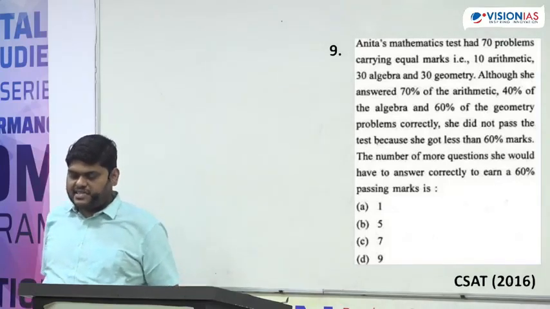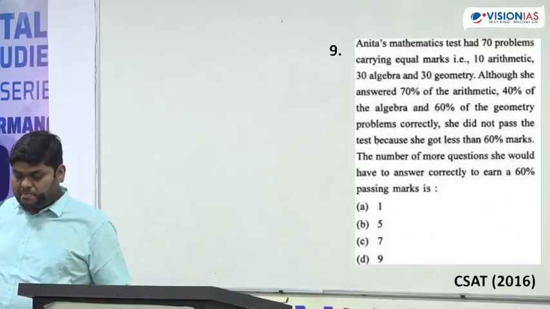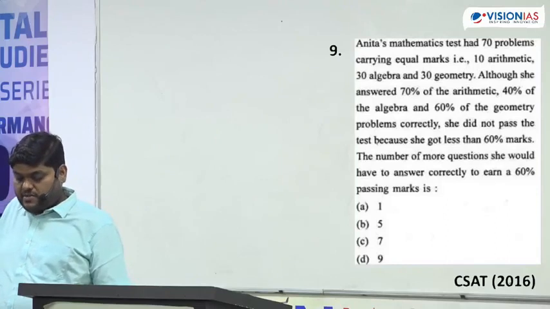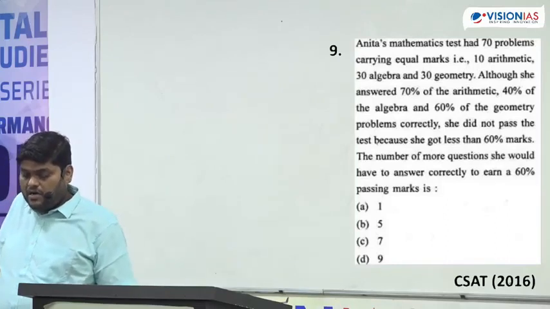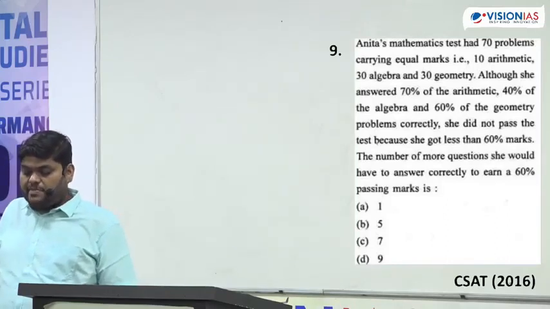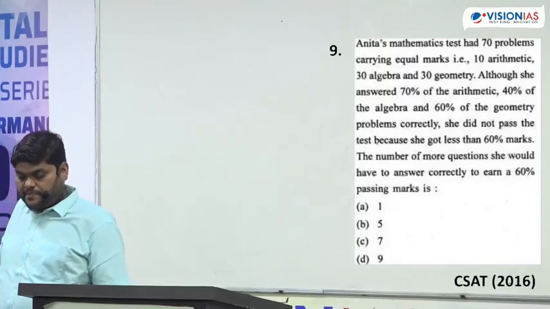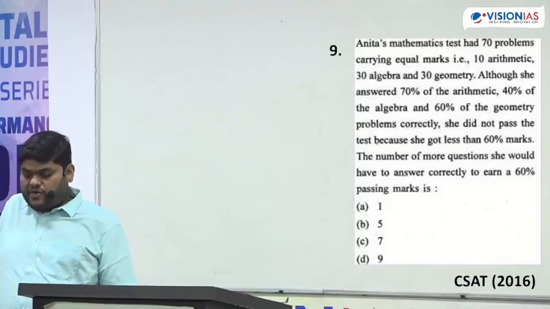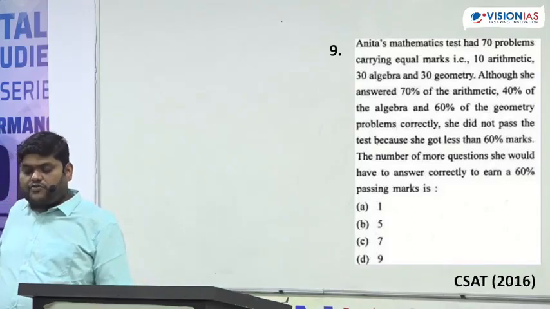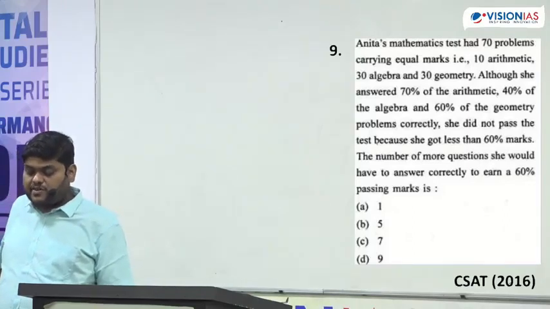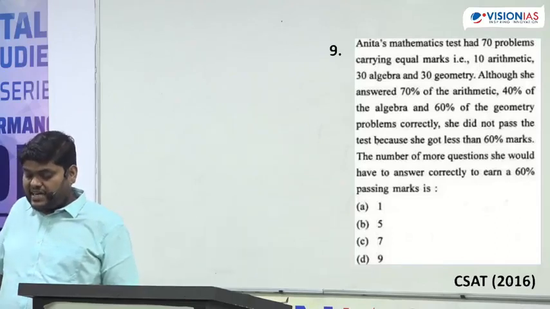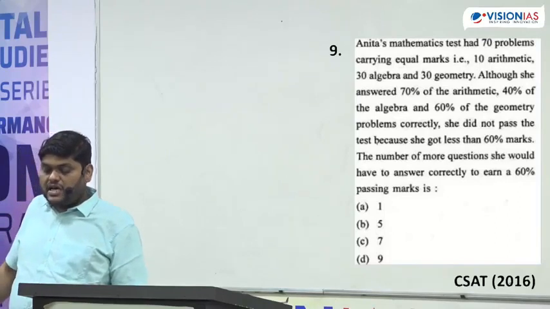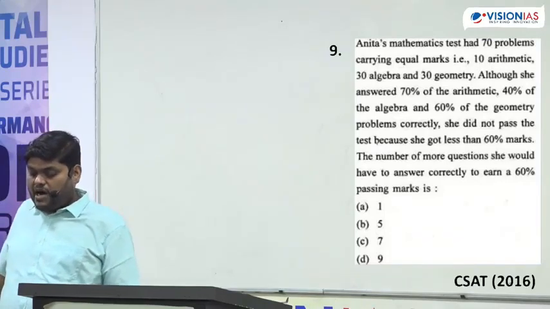Question number 9th is, Anita's mathematics test has 70 problems carrying equal marks. 10 arithmetic, 30 algebra and 30 geometry questions are there. Although she answers 70% of arithmetic, 40% of algebra and 60% of geometry problems correctly, she did not pass the test because she got less than 60% marks.